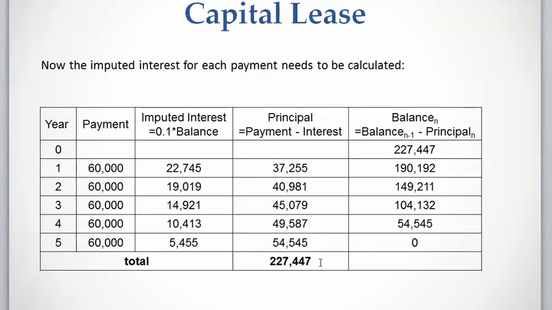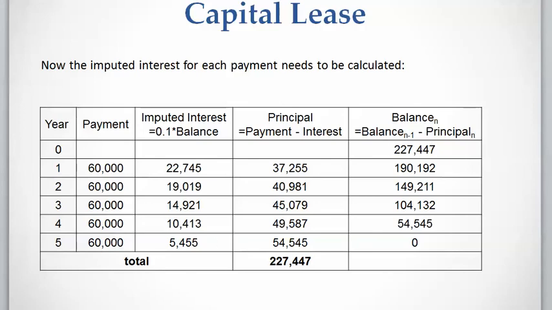Another double check is that the summation of all principal should be exactly the same as the balance that you initially had. It makes sense because you are paying off this lease, this loan, and they should be exactly the same.